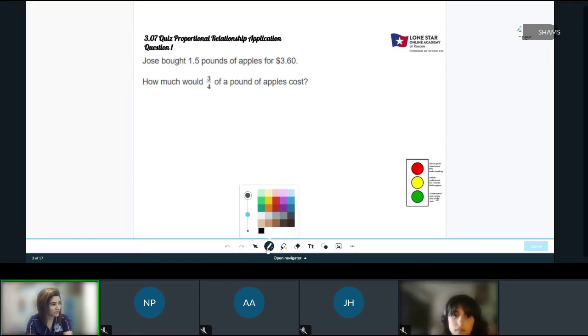So Jose bought 1.5 pounds of apples for $3.60. How much would 3/4 of a pound of apples cost? Remember, how much is 3/4? 3/4 is 0.75.